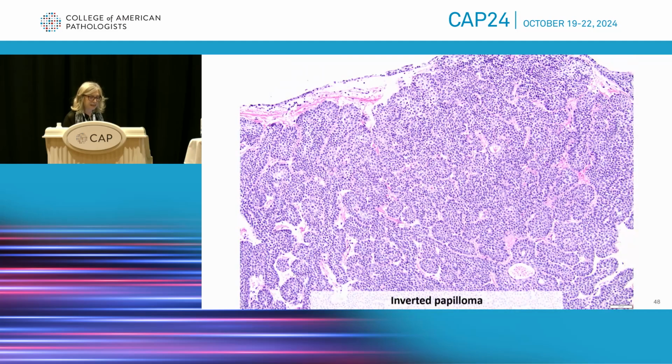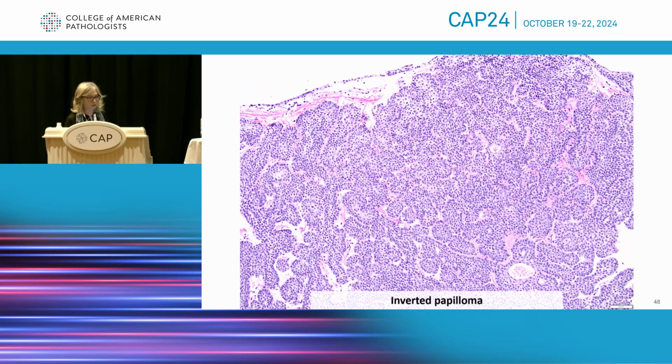And then typically the literature puts inverted papilloma as a mimicker. I do not find inverted papilloma to be a mimicker for nested urothelial carcinoma myself, in that, yes, you can have nests, but more likely you will have anastomosing trabeculae or islands of tumor with palisading at the periphery. So I don't find this to be particularly a pitfall, but this is in the books.